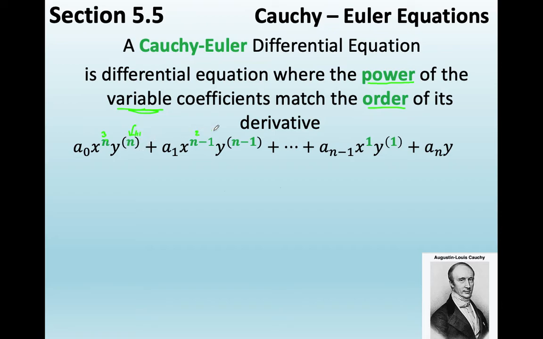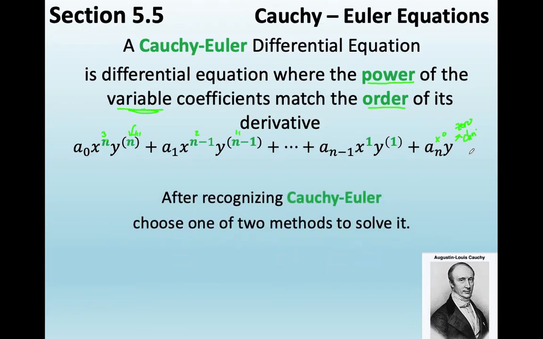And then this would be x squared, and this would be y double prime. And then this would be x to the first, and this is y to the first. And technically, this is x to the 0, and this is the 0 derivative, if you can think of that. And of course, this would be equal to either 0 if it was homogeneous, or equal to another function if it was non-homogeneous.